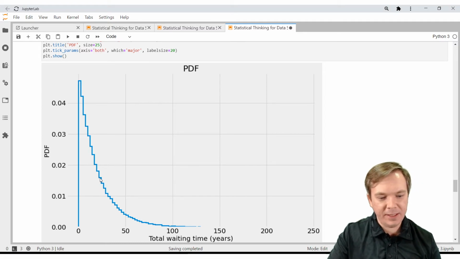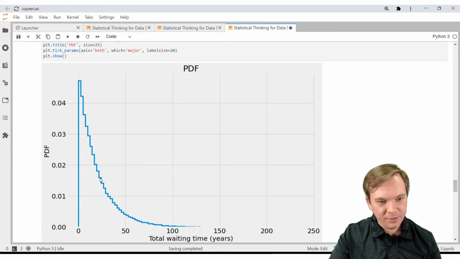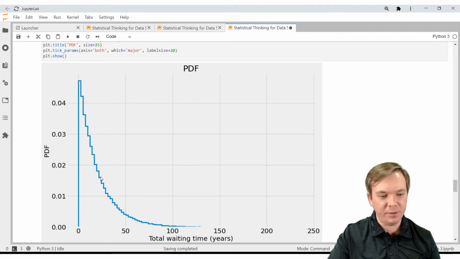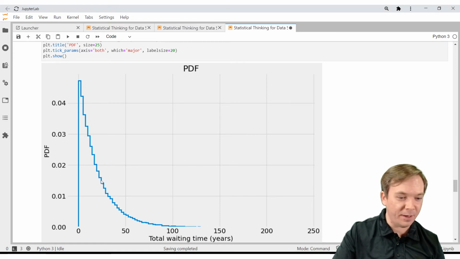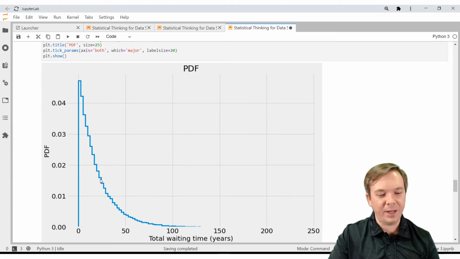The probability that we're going to wait 25 years is about, let's see, this is in waiting time, and the Y label, the PDF, is in decimal percent. So it's going to be about 1.5%. Pretty unlikely, I guess. So 1.5% that we'll have to wait a certain amount.